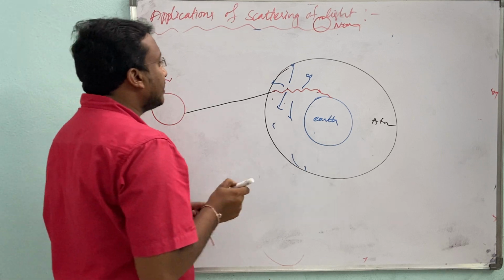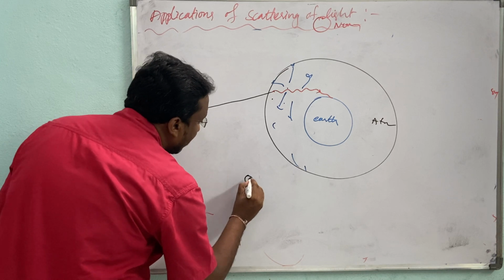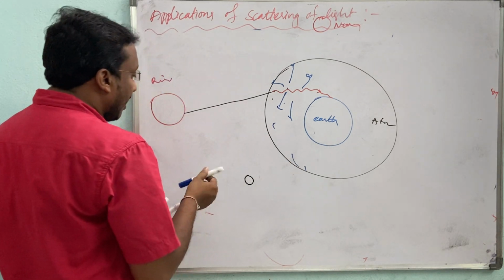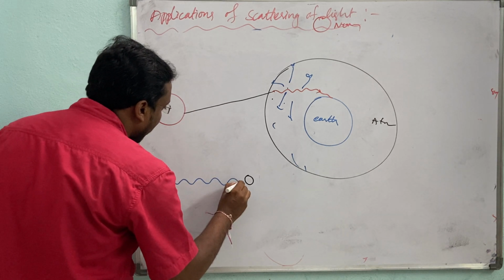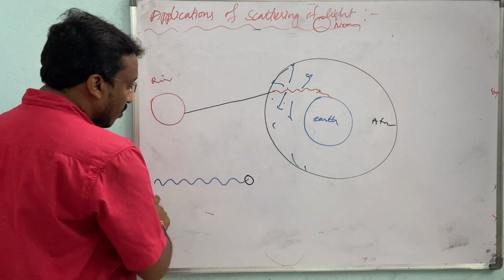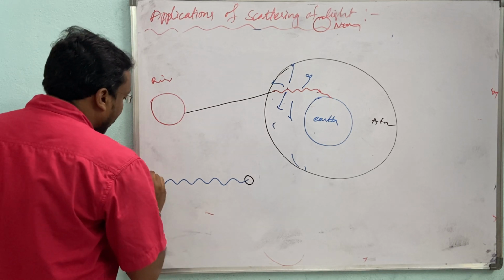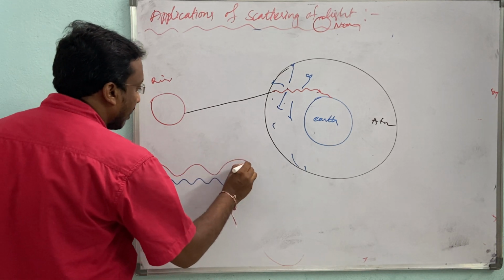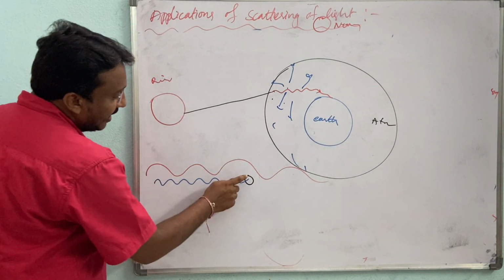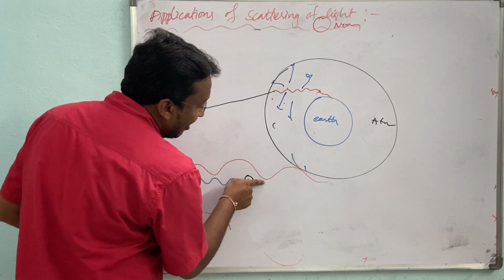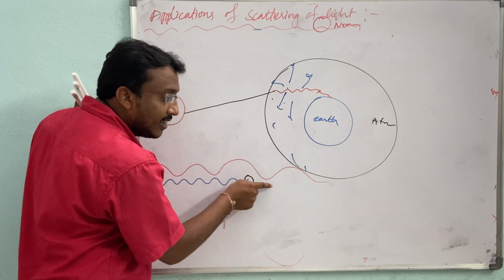Okay, why? For example, this is the size of the molecule in the atmosphere. Here white light comes, and the blue color light that came is comparable in size to it, while the red color has a higher wavelength, so it escaped. The size of the molecule is less than the wavelength of red color.